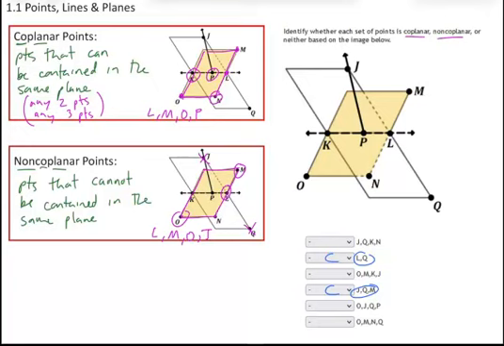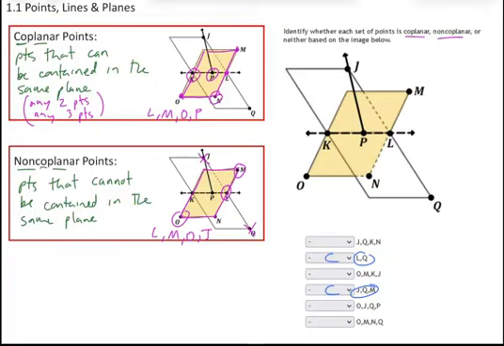It doesn't matter that you see a shaded plane and a non-shaded plane. It doesn't matter where the points are. If you see 2 points or 3 points, you know for sure those are coplanar. And so already you have partial credit on a question like this. Now once we establish those based on the rules, let's move to the 4 points.